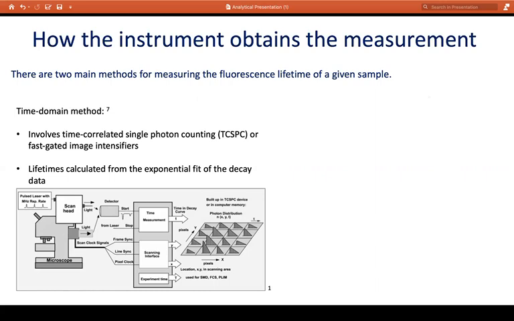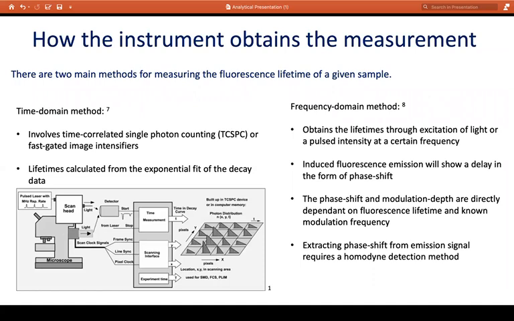It obtains the lifetime through excitation of light with a pulsed intensity of a certain frequency. Emitted fluorescence will show a delay in the form of a phase shift. The phase shift and modulation depth are directly dependent on fluorescence lifetime and the modulation frequency. Extracting phase shift from the emission signal requires a homodyne detection method.